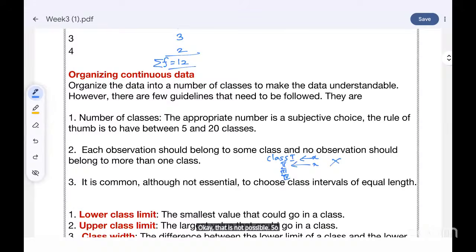Any value should belong definitely to one class and only one class. Data cannot belong to more than one class. And it is common that we choose the class intervals of equal length, so the interval length for each class is the same.